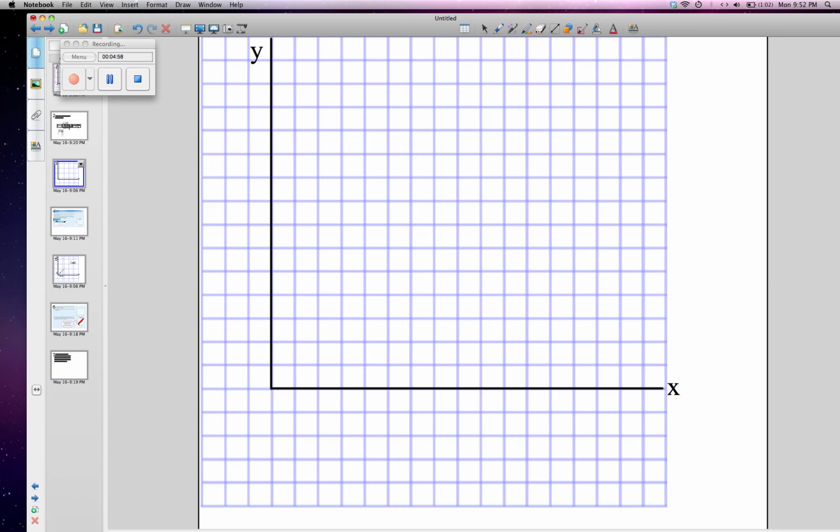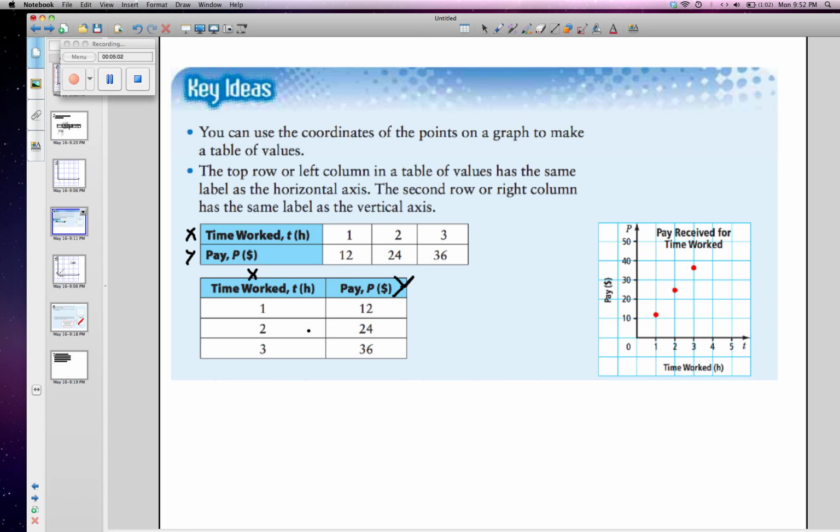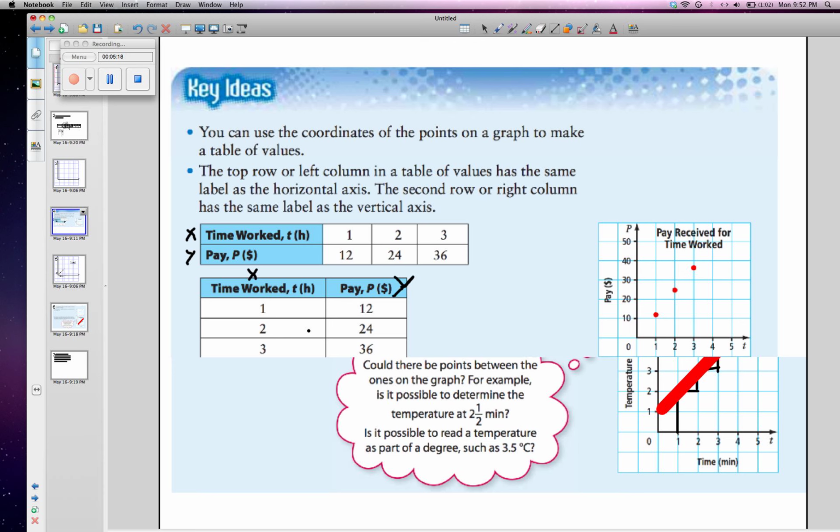Okay, so recapping. You have a graph. You have a y-axis and an x-axis. Label them properly, please. You have a table of values. It can be vertical. It can be horizontal. That also is okay. You'll be using a lot of this today. I hope you have graph paper.